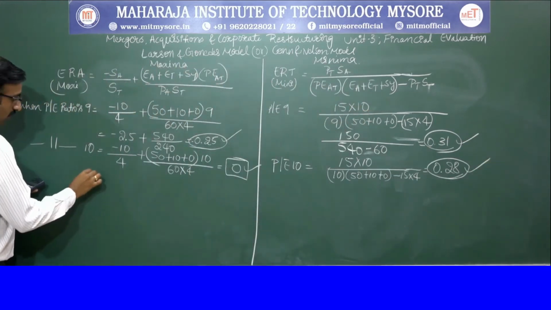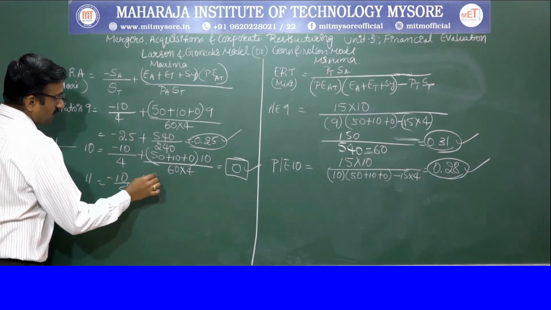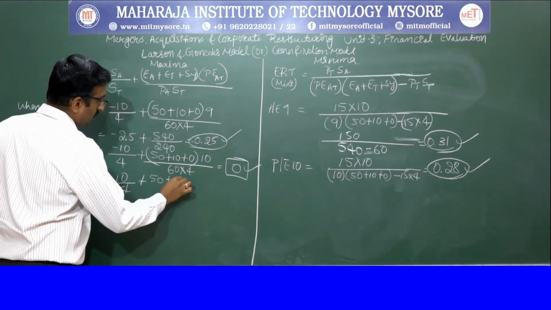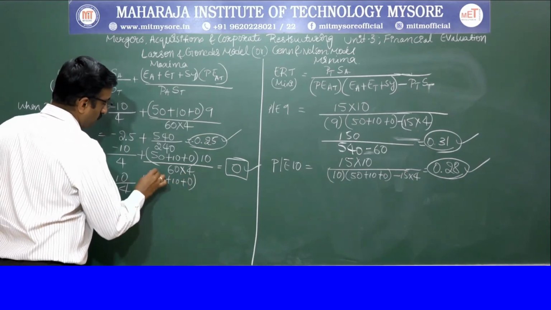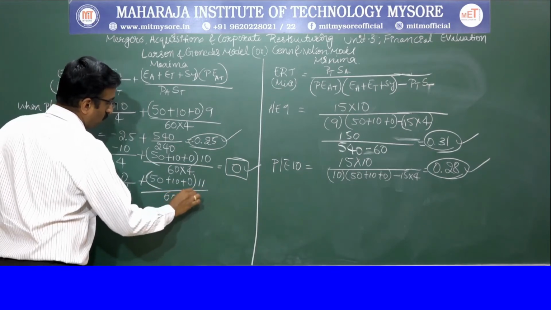Same thing you do for 11, minus 10 by 4 plus 50 plus 10 plus 0 into 11 divided by 60 into 4.